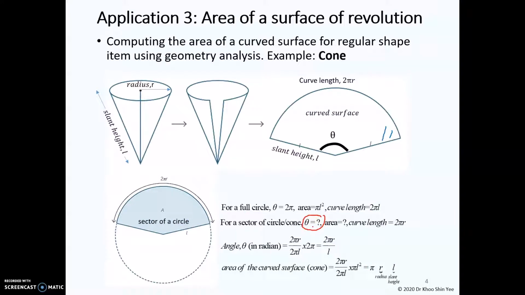To find the angle of the sector of the circle, we need to refer to the angle and the known information for the curve length here. So the angle can be obtained by 2 pi r divided by 2 pi L, multiplied with 2 pi, and then the 2 pi can be cancelled. You obtain 2 pi r divided by L.